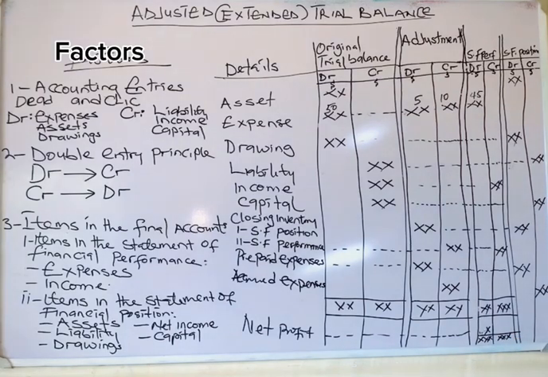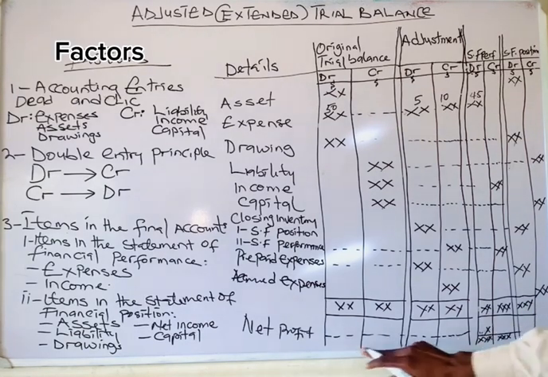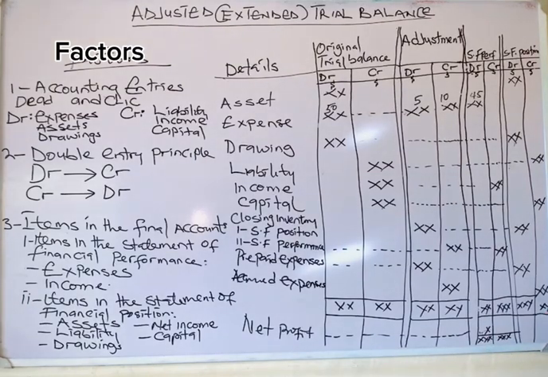Simple. So you come to the statement of financial position. If you add it all, here will be higher, and you will transfer your net profit to the credit side, and here will be lesser.